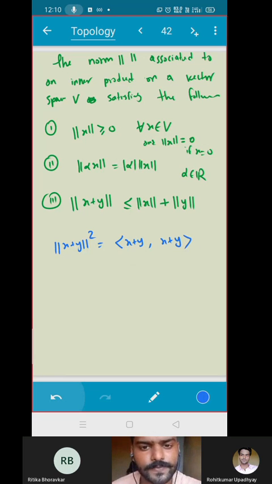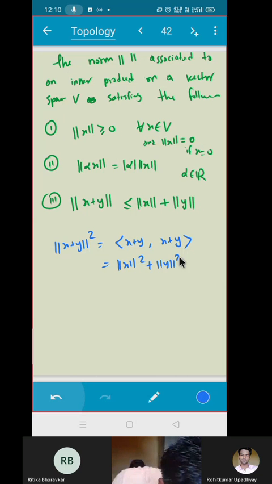Can I say this? Yes or no? Yes, sir. So what is the right hand side? It will be norm x the square plus norm y the square plus 2 times inner product xy.